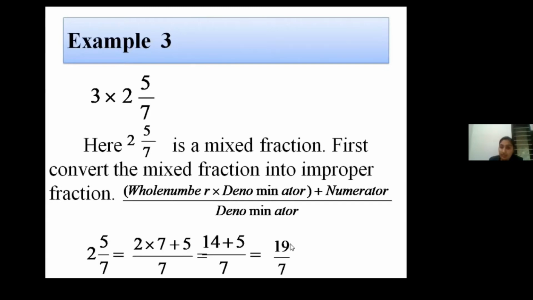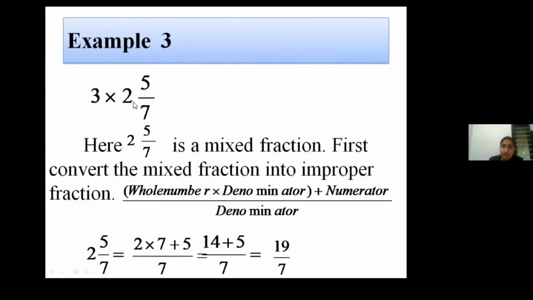19 by 7 is an improper fraction. So in this example, 3 into 2 5 by 7, it is the multiplication of a whole number with a mixed fraction. The given fraction is in the form of a mixed fraction, so first we have to convert it into an improper fraction.